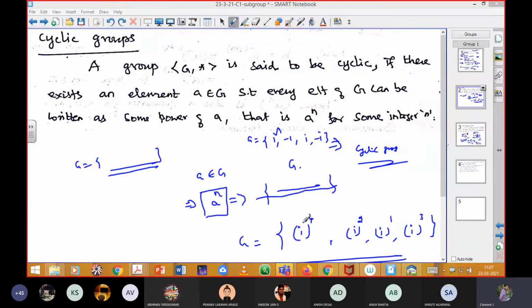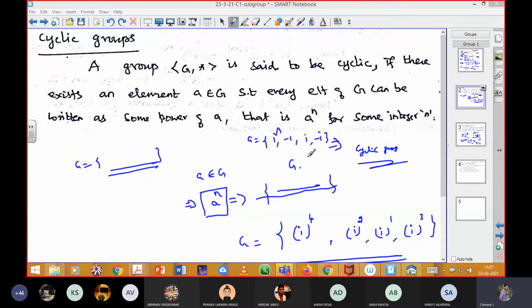If you raise it by some common number, you will get back the members of G. Here the common number A is taken as i. If you take i raised to the power 4, likewise power 2, you can get back the original values of G. In this way, if you are able to write them, that group is a cyclic group.